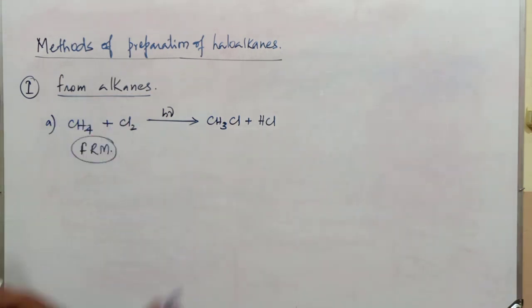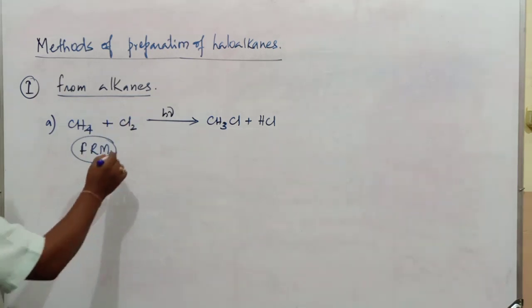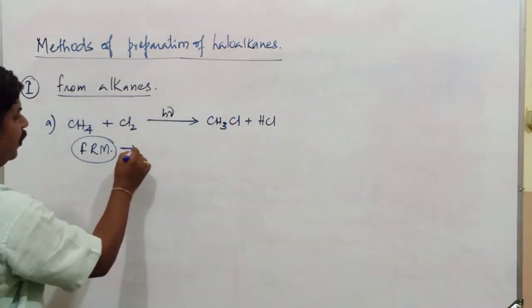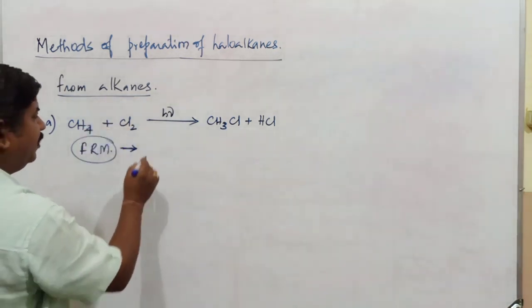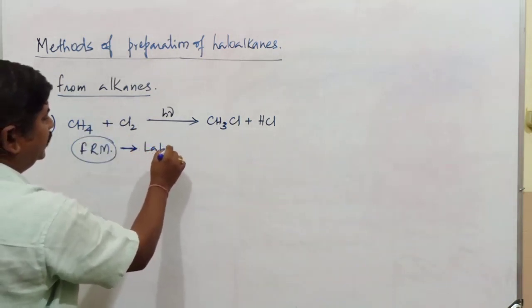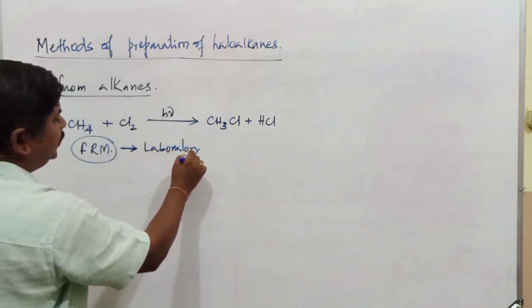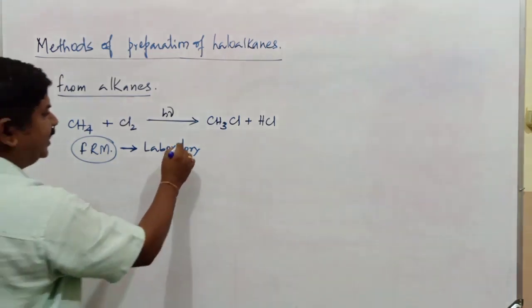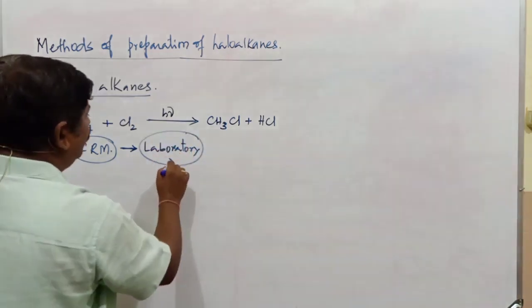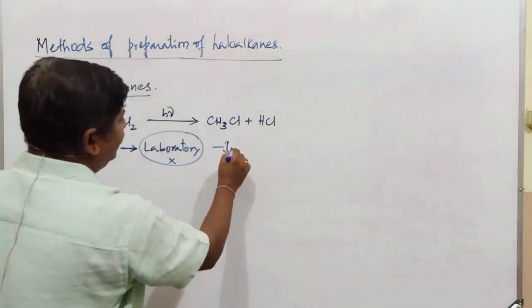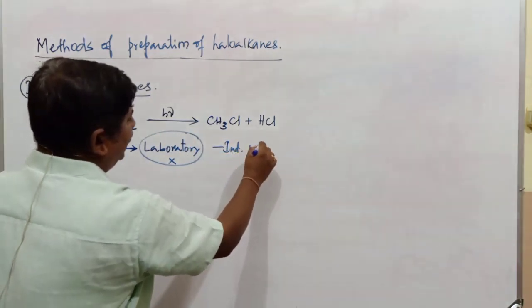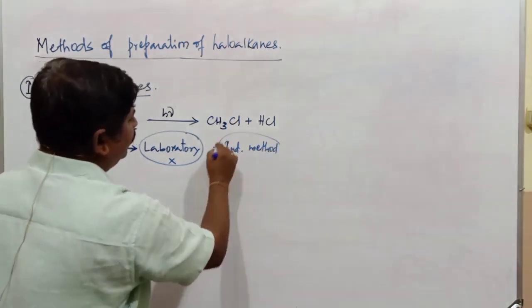This reaction proceeds through a free radical mechanism, but this method is not suitable for the preparation of compounds in the laboratory. It is applicable only as an industrial method of preparation, because only in industries is it possible to control the reaction.